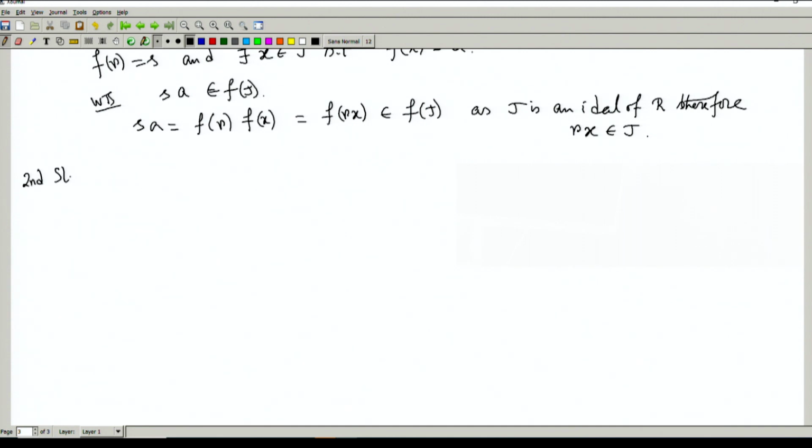So, in the second step I will be showing that if you start with an ideal I of S, then its pre-image, which is nothing but the collection of all elements a in R such that f of a belongs to I, is an ideal of R containing the kernel of f.